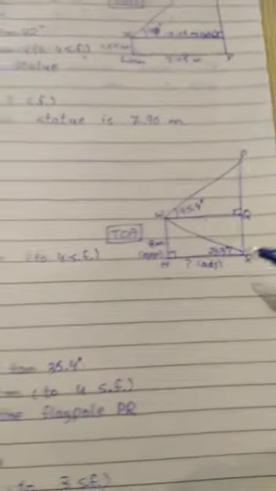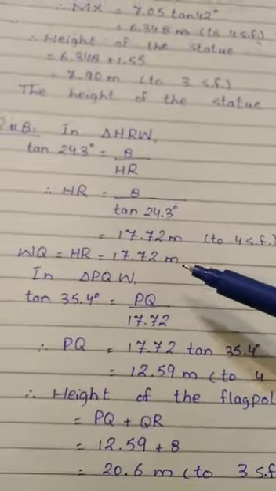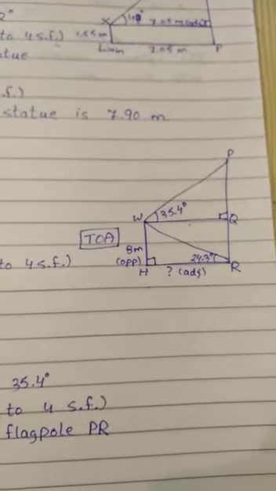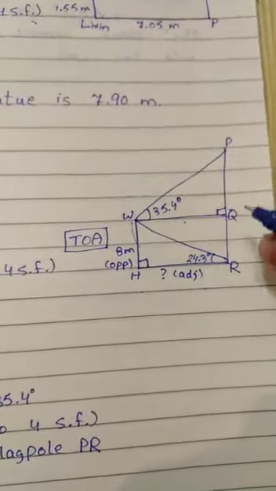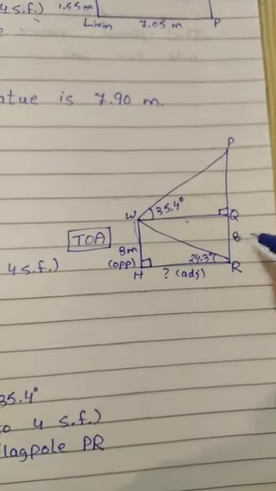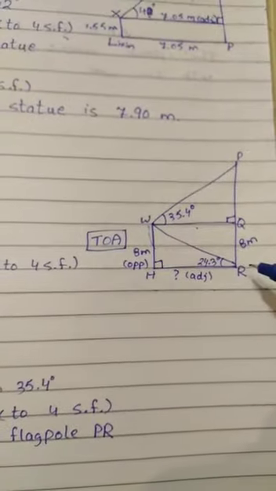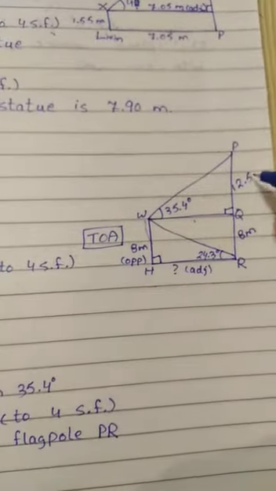QR is equal to WH, which is 8 meters. So first we have QR as 8 meters and then PQ length as 12.59 meters.